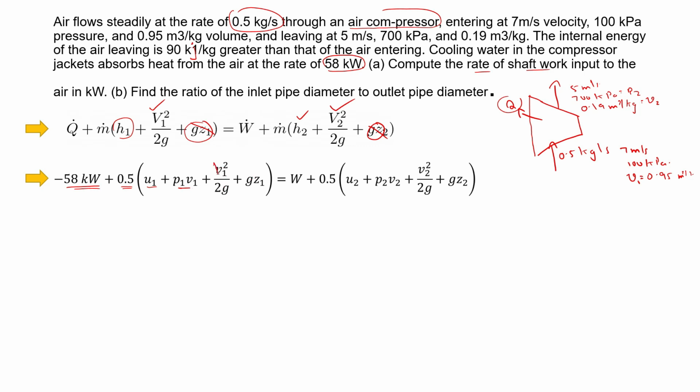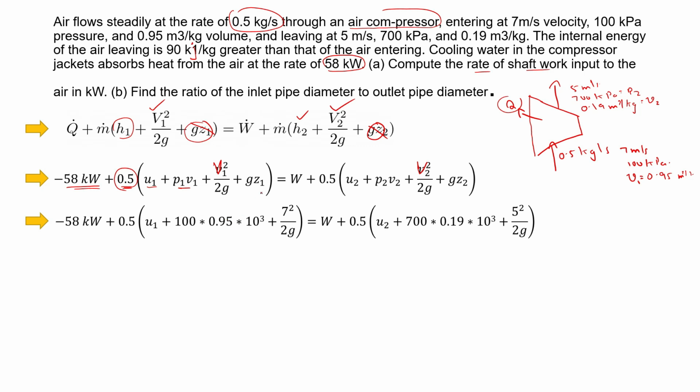So this is capital V1. You can neglect gz1 and gz2 because they are almost at the same level and it is not given in the problem.